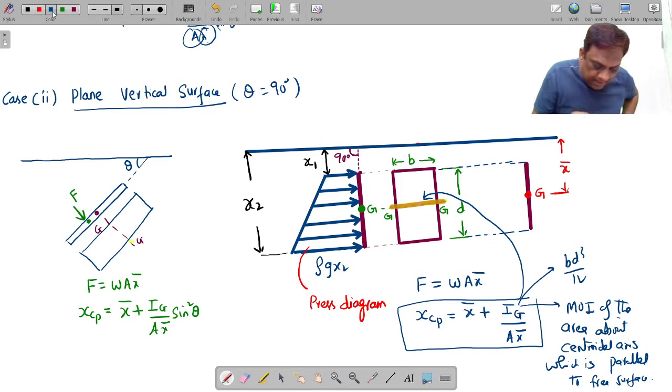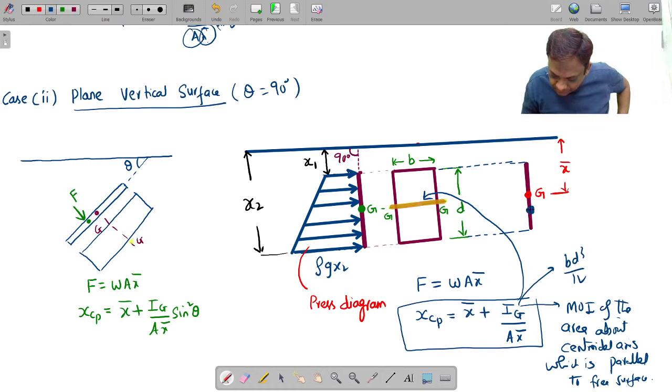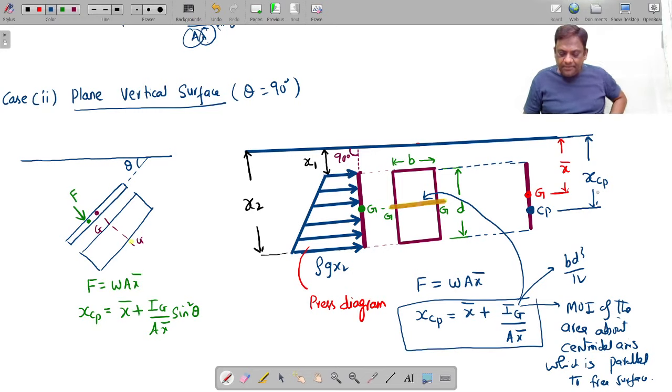So therefore now this is our X bar, and this will be our CP, which I write as XCP. And how is that force acting? The force is acting normal.